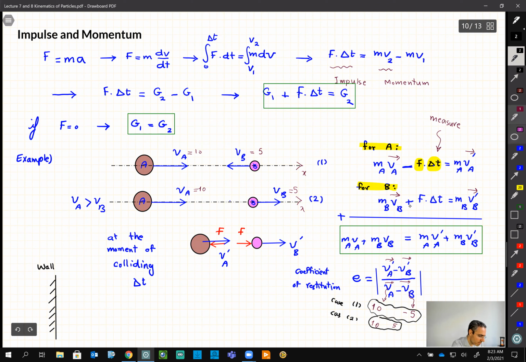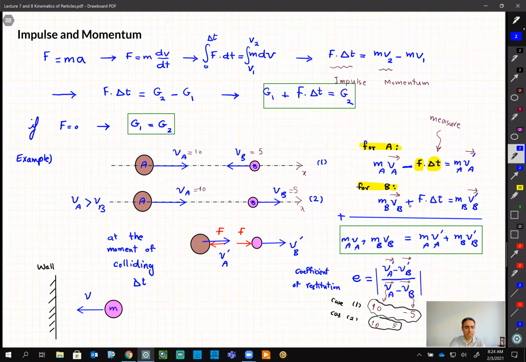And then this particle or this ball comes and hits the wall, let's say with velocity v, and its mass is m. Okay, it comes and hits this wall and it bounces back.